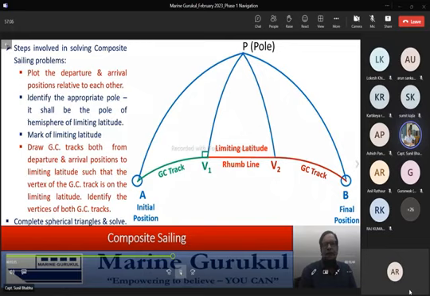The angle at V1 would be 90, and likewise the angle at V2 would also be 90. Now we get two right angled spherical triangles. One is PV1A, the other is PV2B, which we can solve using our Napier's rules.